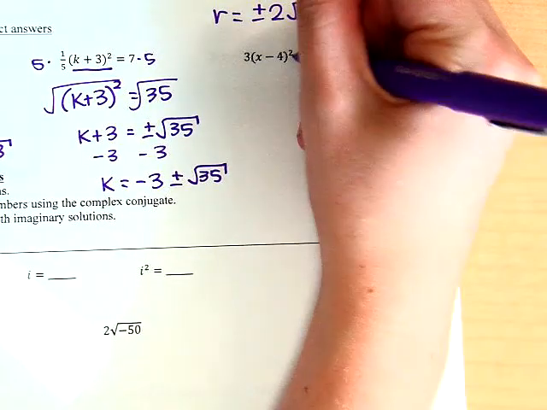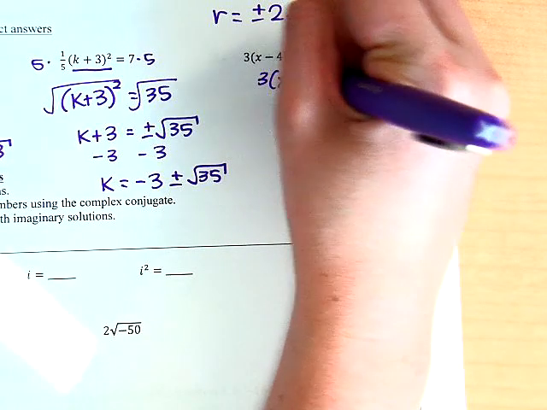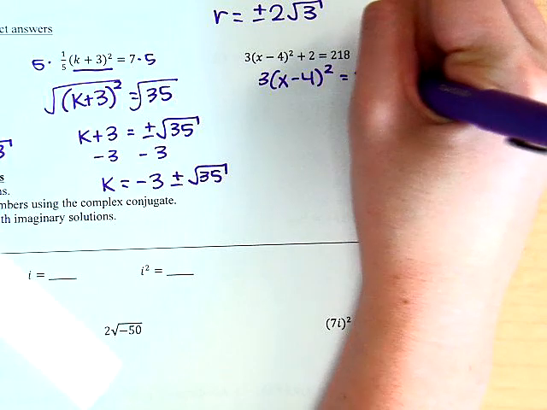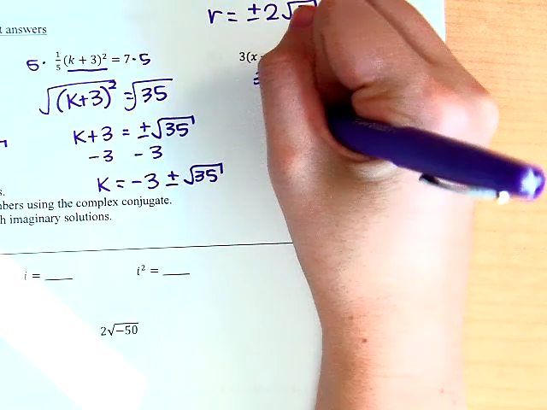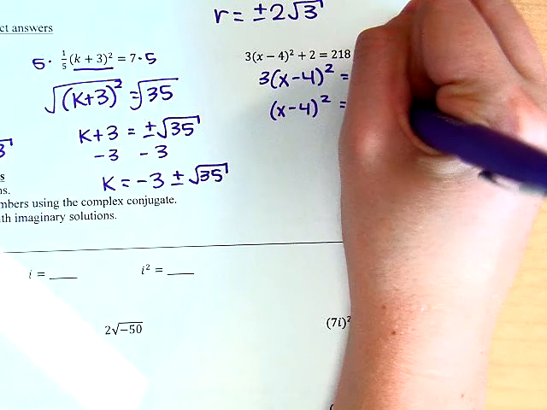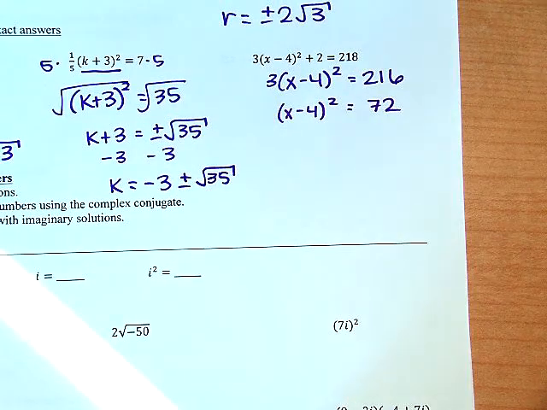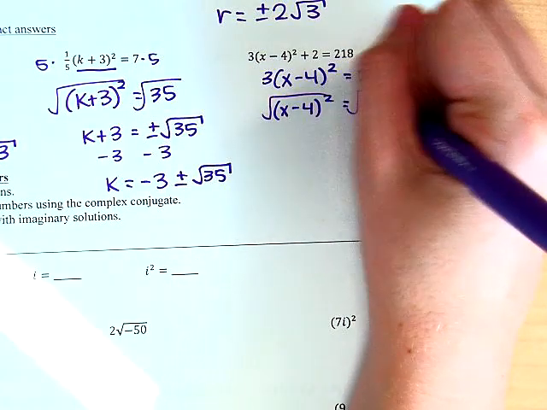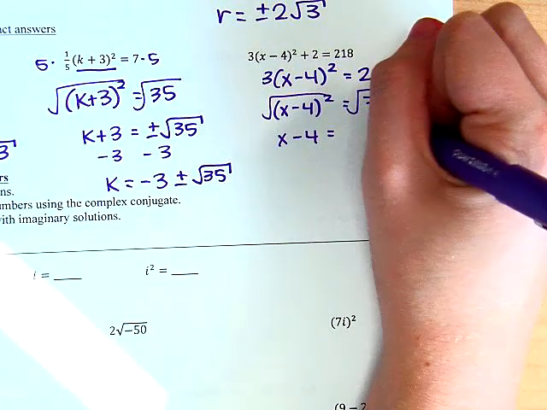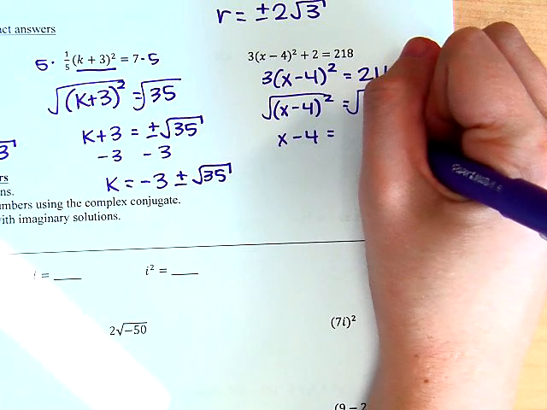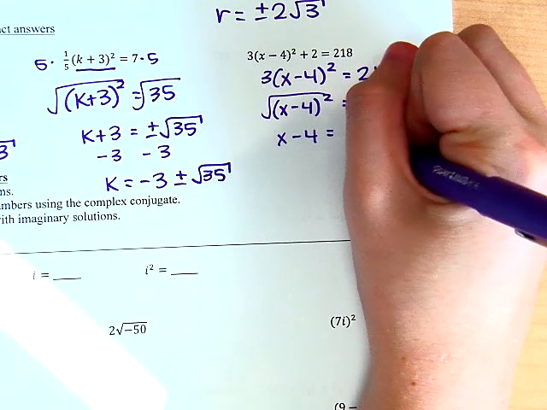One more. Subtract 2 first. 216. Divide by 3. And I get 72. So that when I square root this thing, I get x minus 4 equals, and if we're going to break this down, it becomes 9 times 8, right?